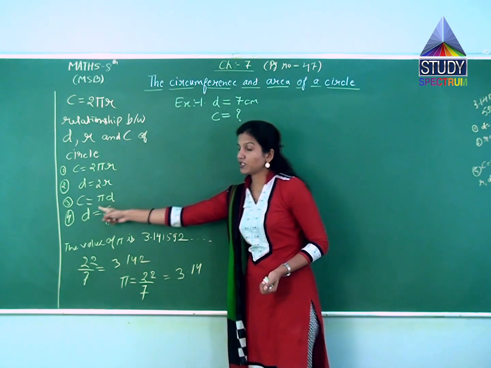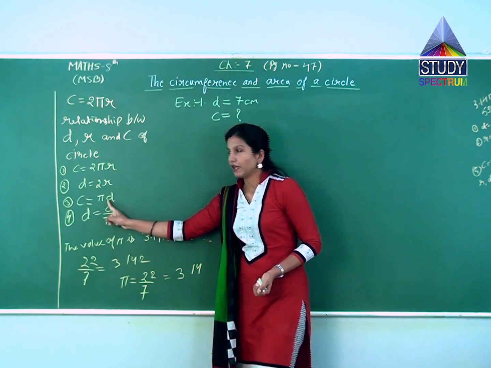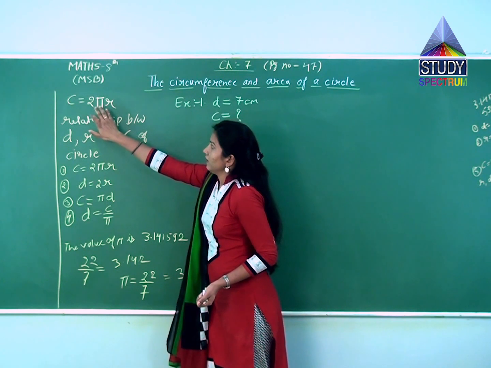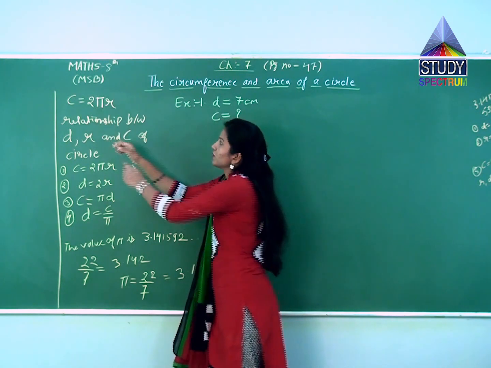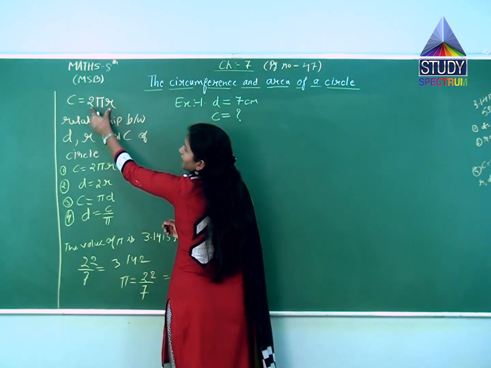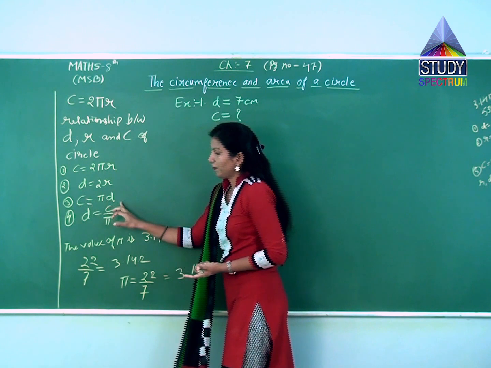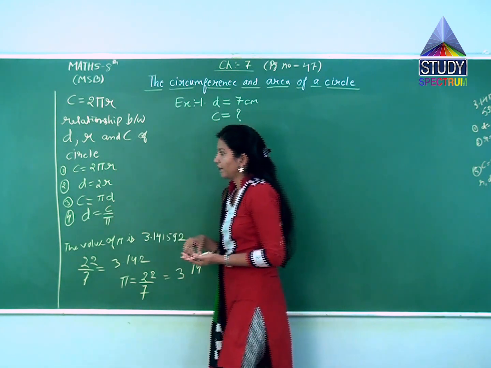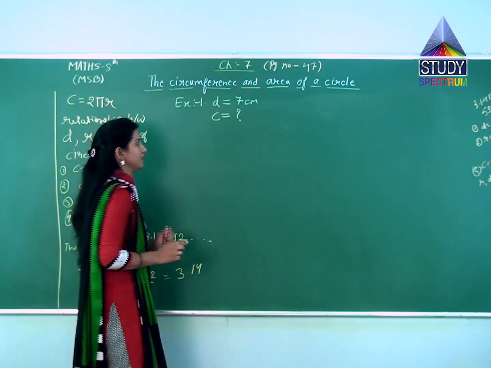Here I can use this formula because D is given. If you apply this formula, it is also okay because 2r is equal to D. So, C equals pi d. Here we will apply the formula C equals pi d for the circumference of this circle.